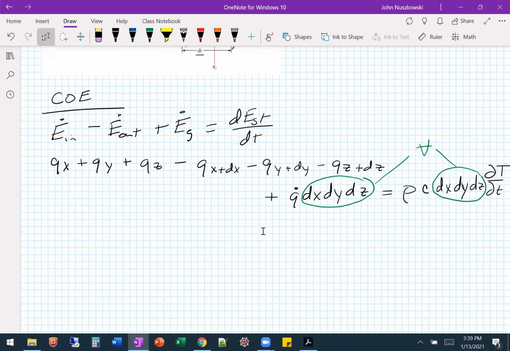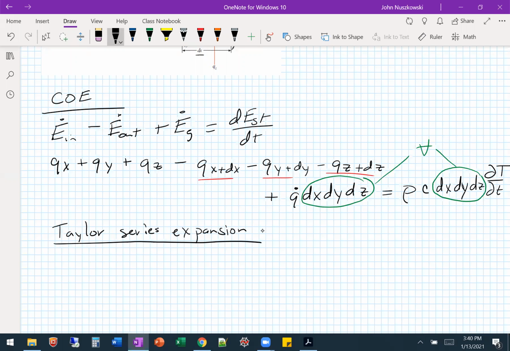All right, next, what we want to do is try to understand what these terms are, our q_(x+dx). We're going to use a Taylor series expansion, and you probably have seen it used across a cube in other classes.